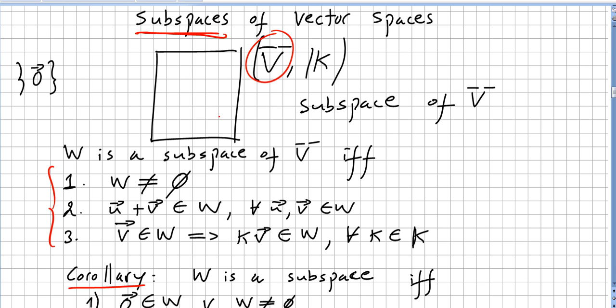If you add two vectors, you stay in the vector space. If you pick a vector and multiply by a scalar, it will be in the vector space. So V is a subspace of V. In fact, that is the biggest subspace of V, and the set with vector 0 alone is the smallest subspace of V.